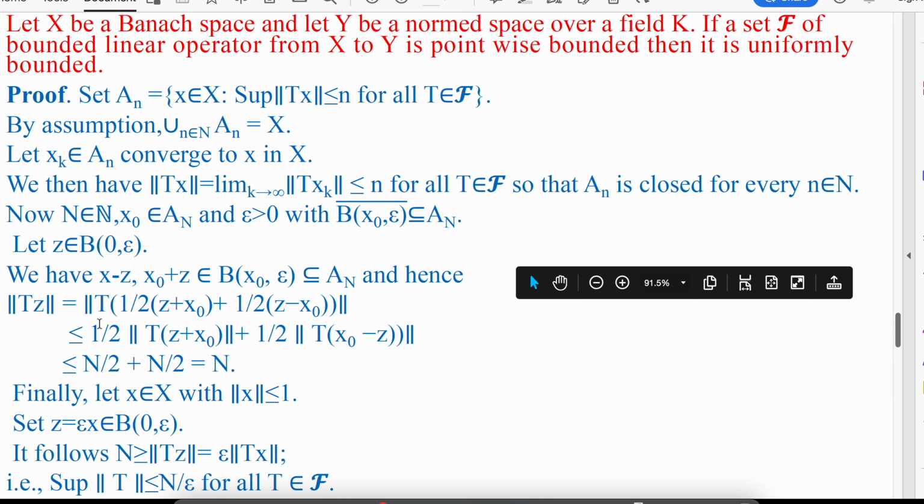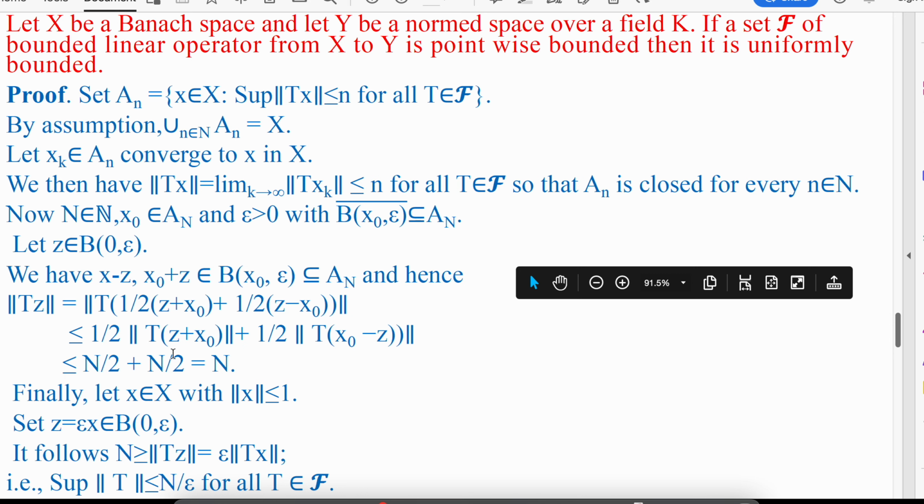It means norm of Tz is equal to the norm of T of (1 by 2 z plus x naught) plus 1 by 2 (z minus x naught). We have added half x naught and subtracted half x naught and expressed z as half z plus half z. So by the triangle inequality, this is less than or equal to 1 by 2 norm T(z plus x naught) plus 1 by 2 norm T(x naught minus z).